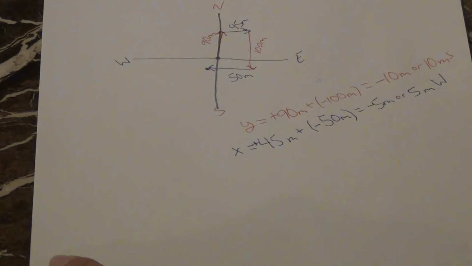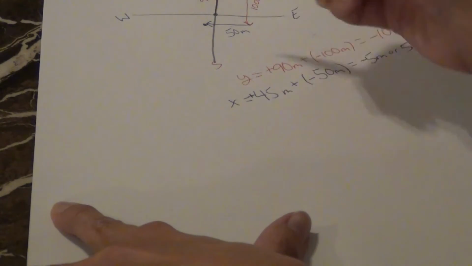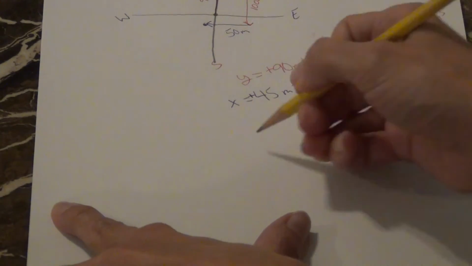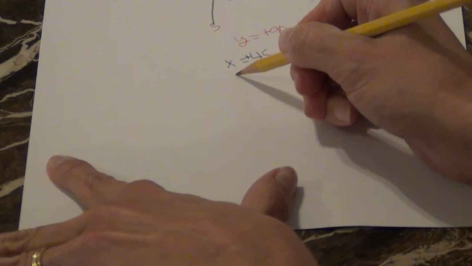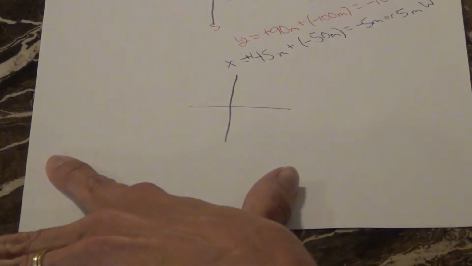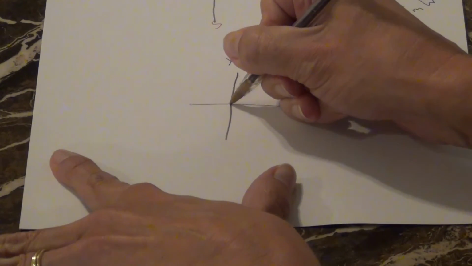Well, now what happens when I do this triangle? Let's see. If I wanted to pull this out and redraw it for the sake of figuring out my net displacement, remember, now I have to go 10 meters to the south from Route 55.